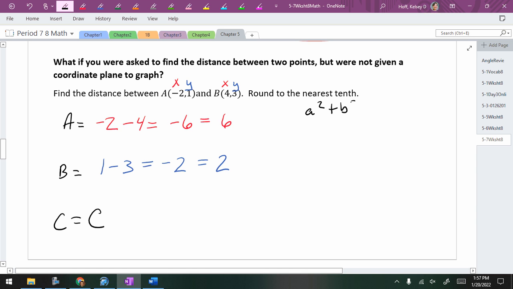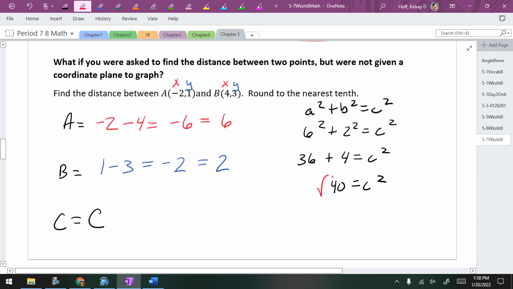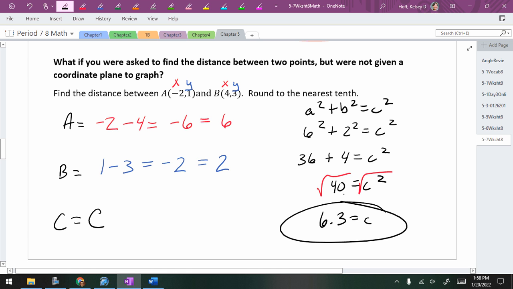A squared plus B squared equals C squared. 6 squared plus 2 squared equals C squared. 6 squared, 36. 2 squared, 4. 36 plus 4, 40. Then what do I need to do? Take the square root, round to the nearest 10th. 6.3. Did you say 6.3? Yes.